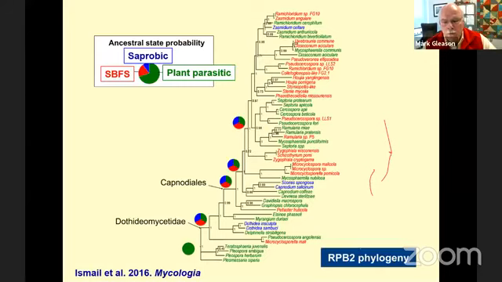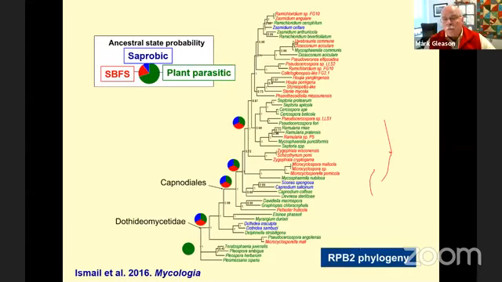And what this analysis found, very convincingly, with very good statistical proof, was that the ancestors of sooty blotch and flyspeck fungi, which of course live on the surface, were in fact all penetrating plant parasites. That green circle at the bottom indicates that when you go far enough back, all the ancestors were highly likely to be penetrating plant parasites.